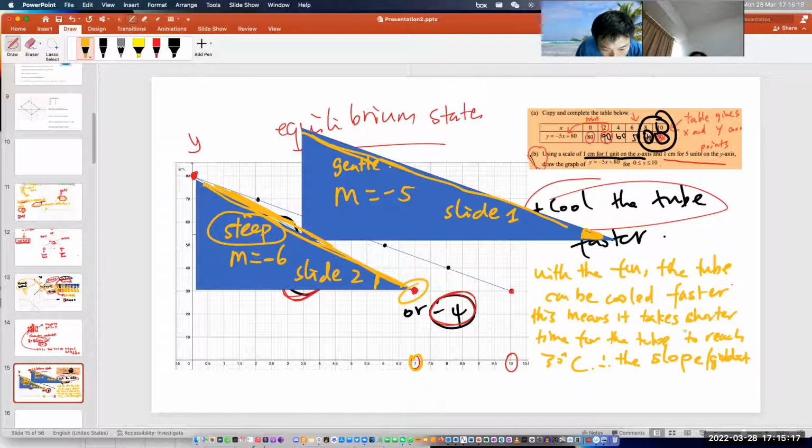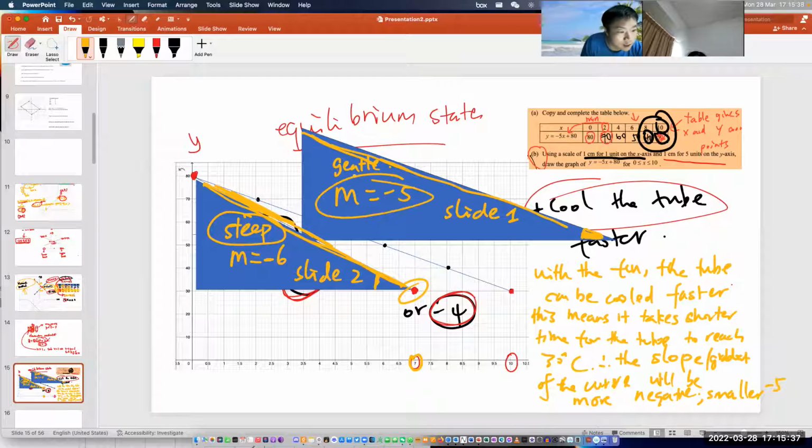So the slope or the gradient of the curve will be more negative. So in a way it is smaller than -5, smaller than this. So that's how you explain this.